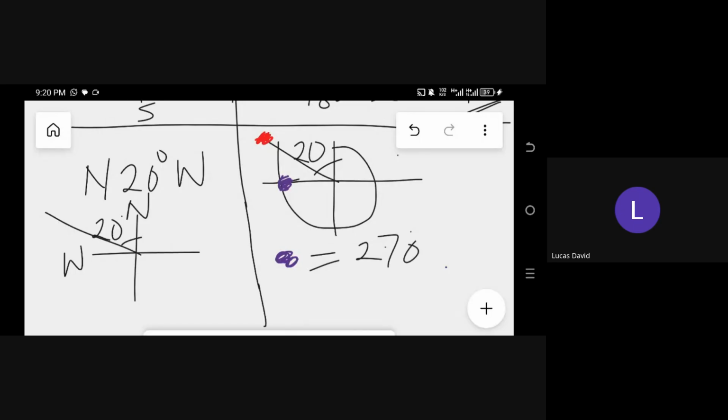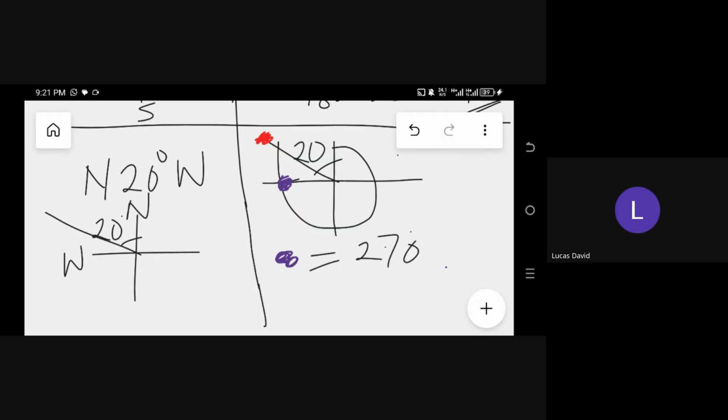The reason is because first quadrant 90 plus 90 for the second quadrant plus 90 for the third quadrant. That purple is the west. That west is 270. So I still have an extra line that I have to follow before I get to the red, but I don't know the actual angle of that other small line I have to follow before the red.